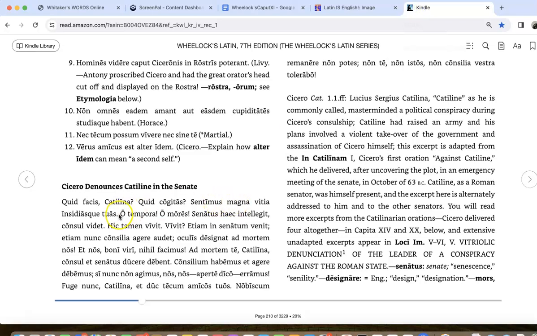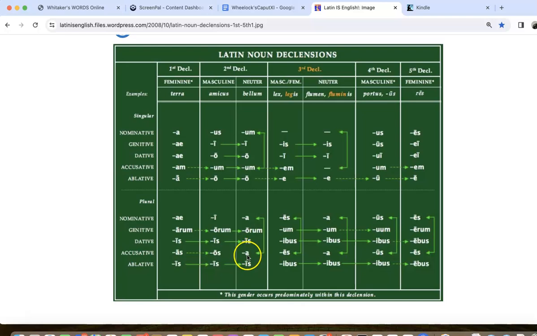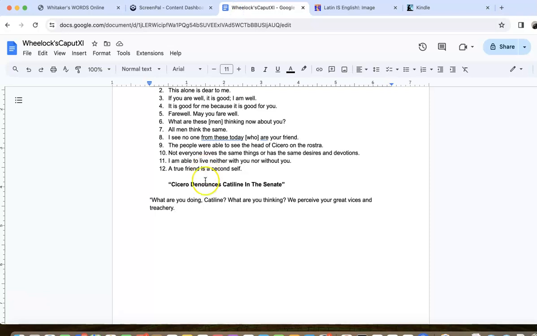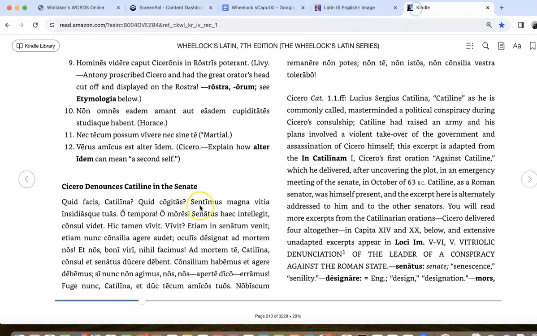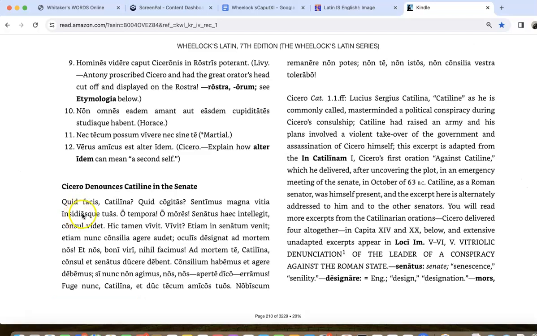So we perceive your great vices, which is second declension, accusative plural, neuter. So that's why it ends in A. But the word itself is going to have to be looked up, and you'll see it means vices. And then this word too is, I believe, new for us, but it means treachery. So that one is a little bit tricky, but if something is insidious, clearly it's of some kind of moral deficiency. So we have the word insidiousness in English, which kind of means a kind of treachery or, if you will, political betrayal.